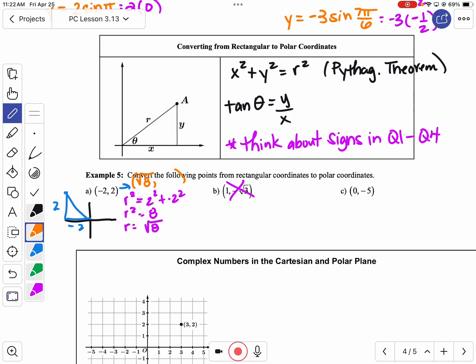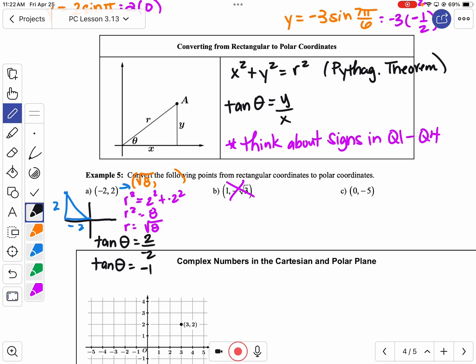Now, to get our tangent, we know that tangent theta from the triangle is y over x. So 2 over negative 2, or tangent theta is equal to negative 1. In that quadrant, which theta would give me a tangent of negative 1?